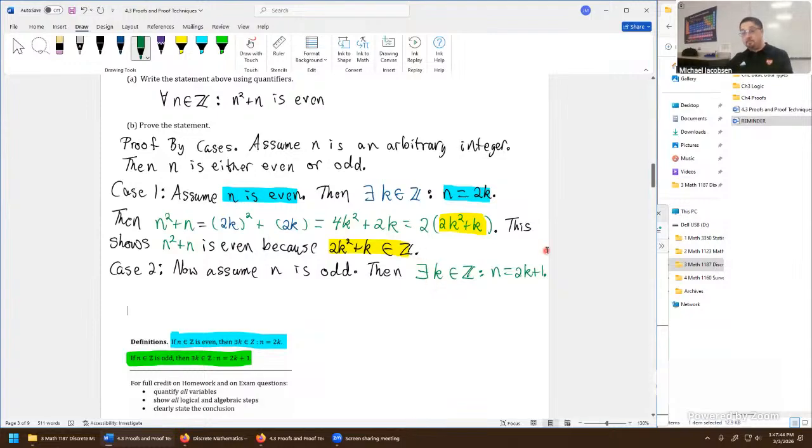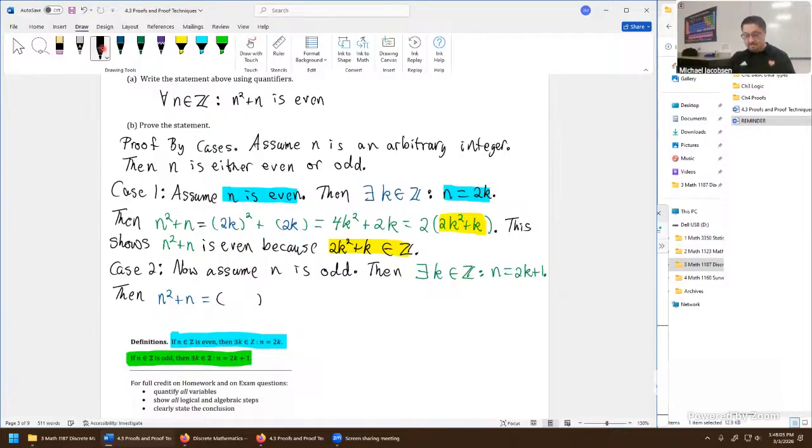But once we have this down, we go back up here and we just redo the algebra. We have to take n squared plus n and show it comes out as even. Let's say then n squared plus n, here's the algebra part.